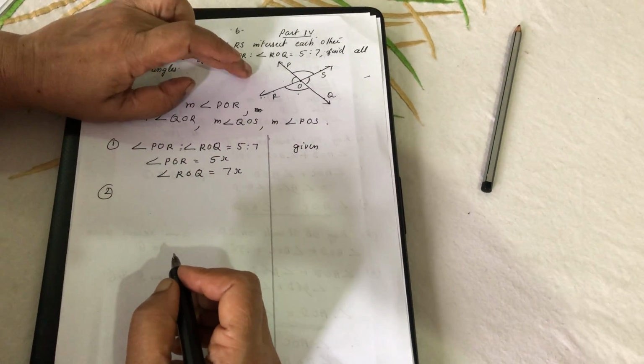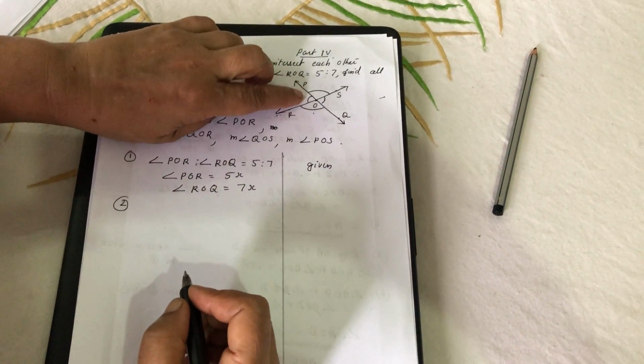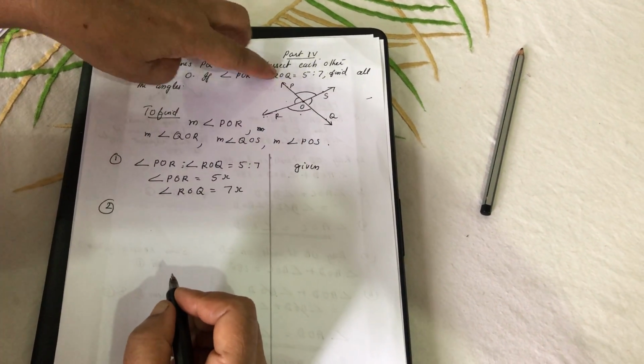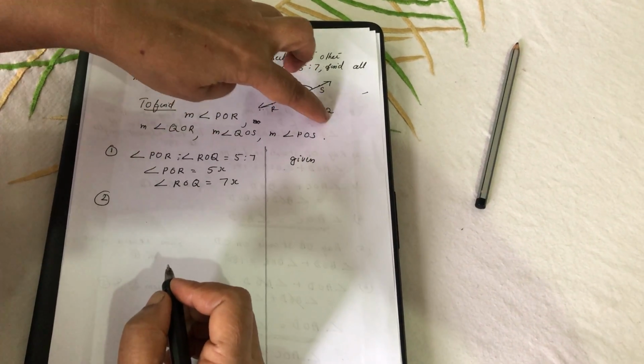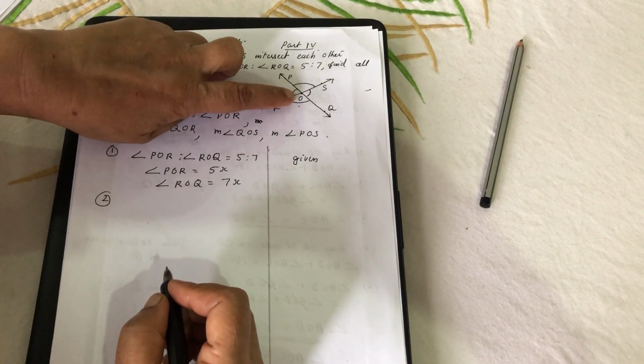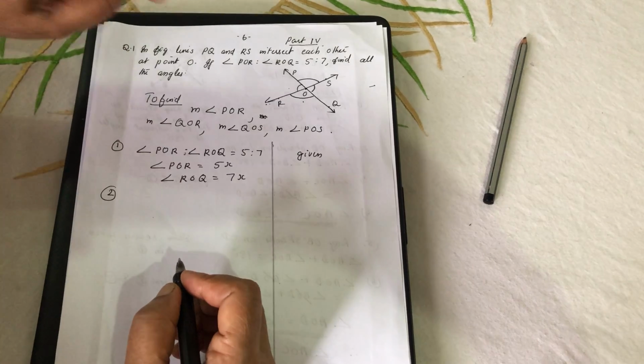You know what is a linear pair? Linear pair means two adjacent angles whose non-common arms form a line. Therefore, POR and QOR are adjacent angles and their non-common arms are opposite, that is, they are forming a line. So these two adjacent angles are said to be a linear pair.